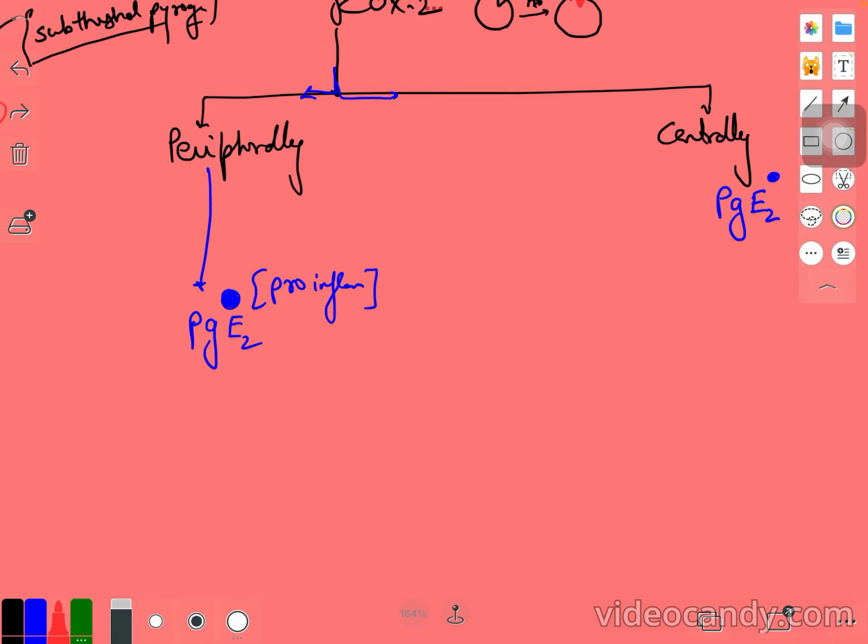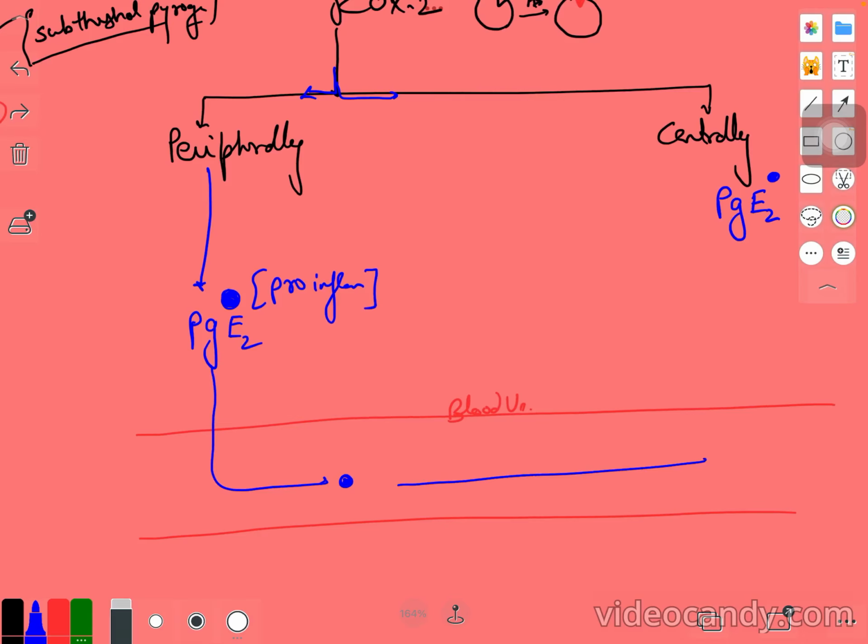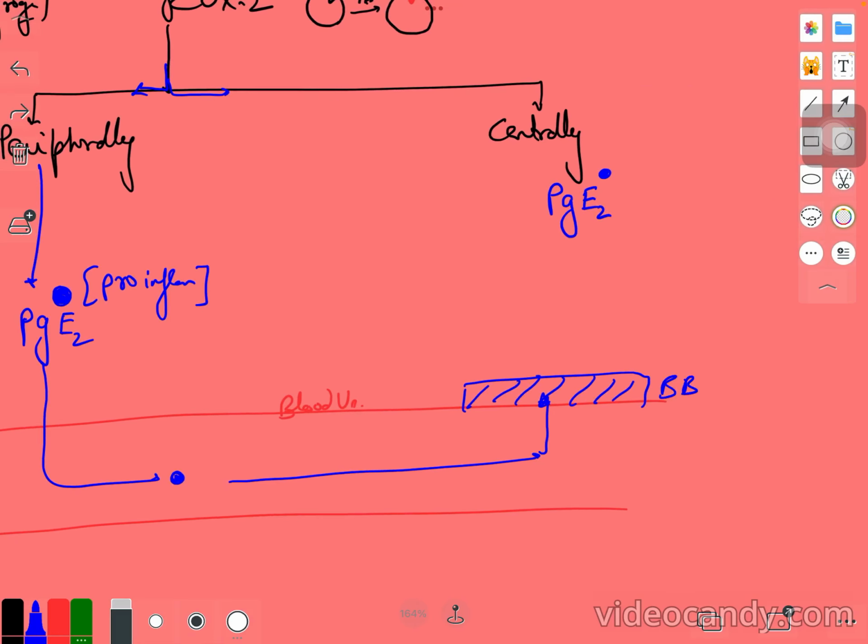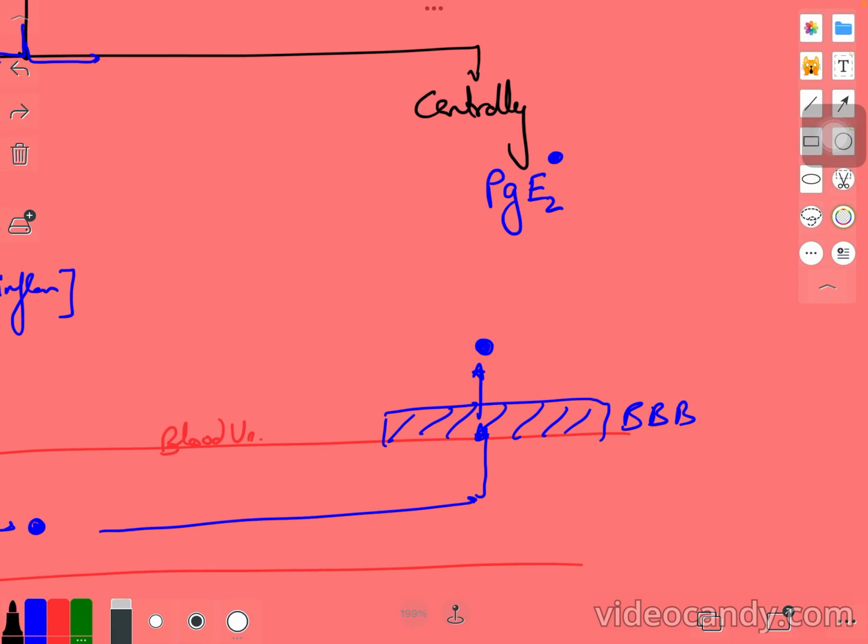Once in the periphery, it can go into the blood vessel, right. It can reach toward your brain by crossing the blood-brain barrier, right. This is the blood-brain barrier, and this molecule will come up over here. Within the brain, we have the hypothalamus, right.